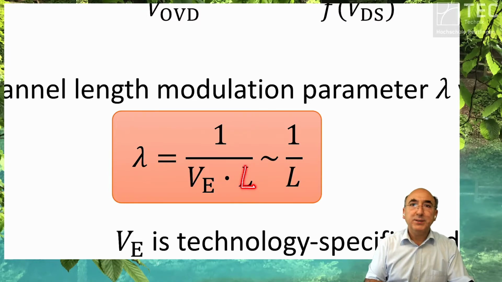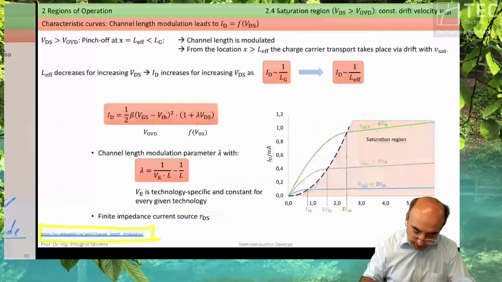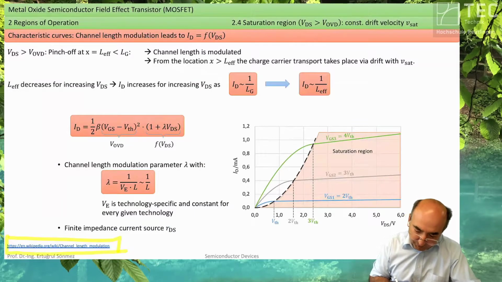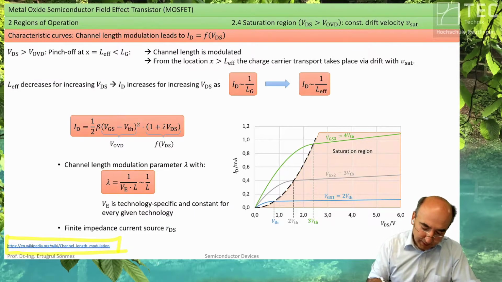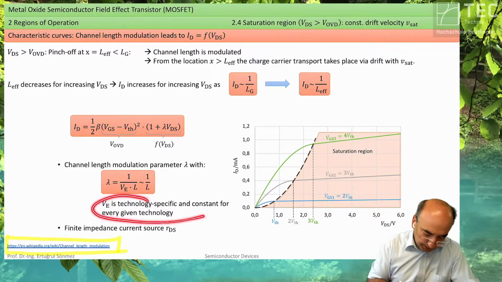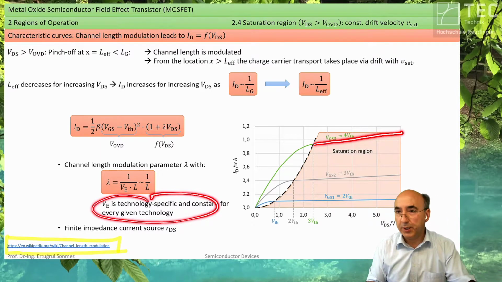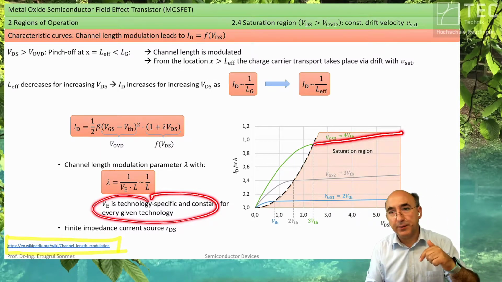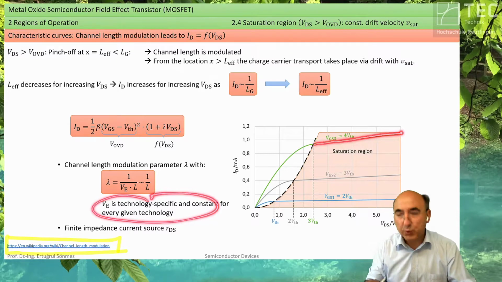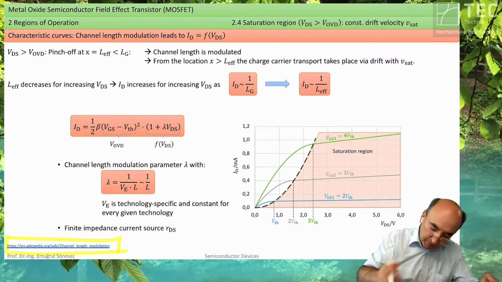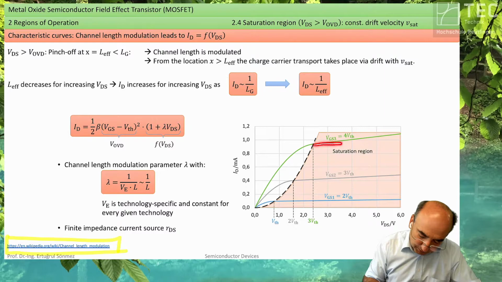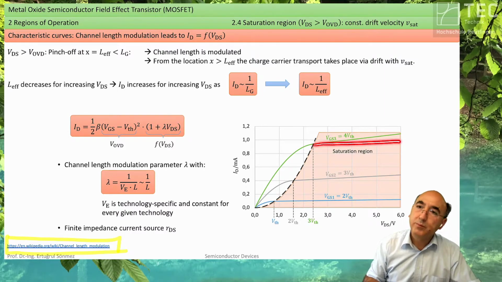L is the length of the channel, the full length of the channel. That means if you have a certain length, then the technology defines this slope. Or the other way around, if you increase the length together with the width, then you get a lower slope.